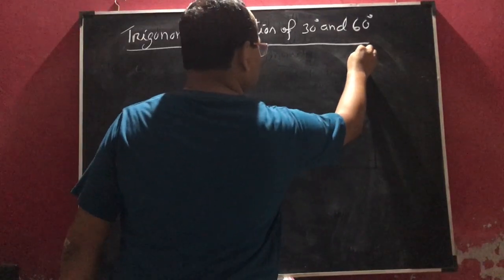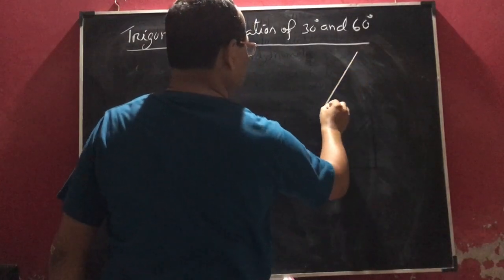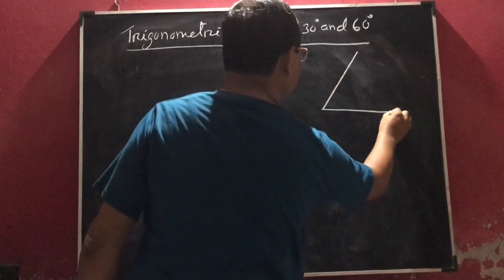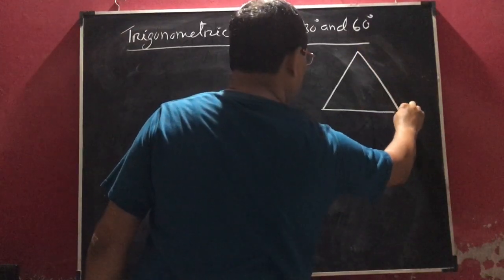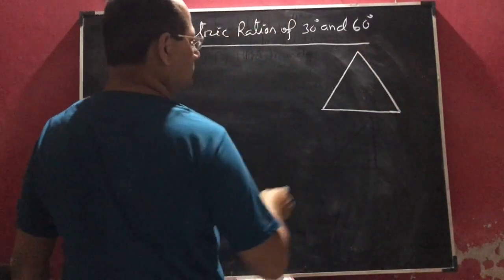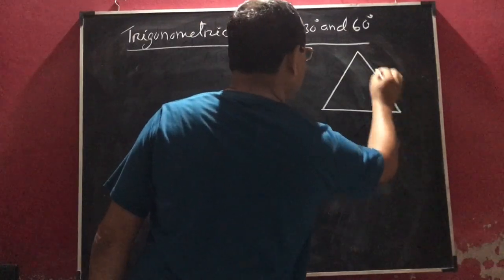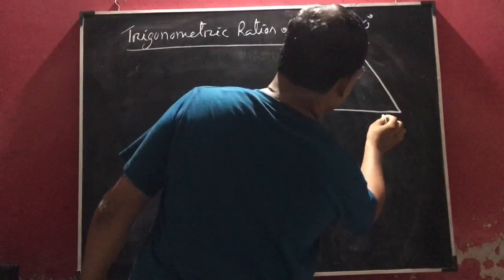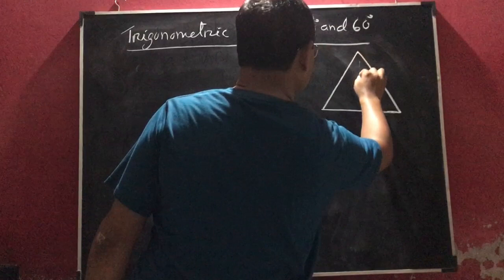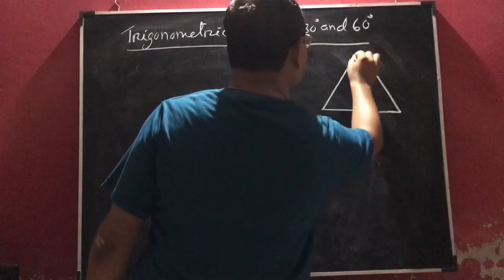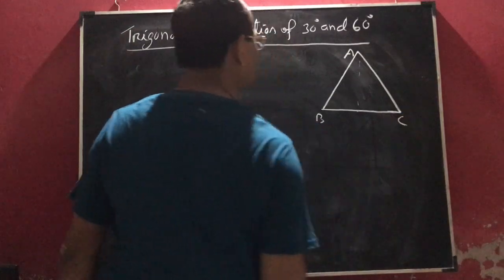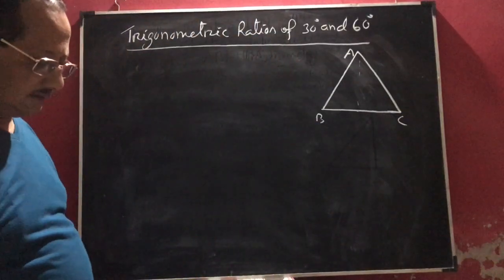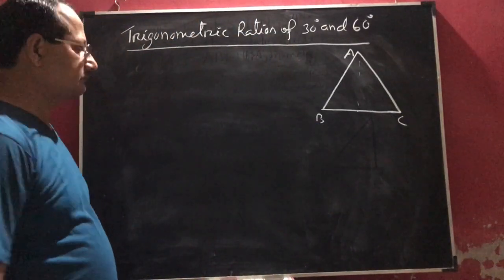Here we draw an equilateral triangle. We know that in an equilateral triangle all angles are equal. That means each angle is 60 degree. So this is A, B, C. It is an equilateral triangle.